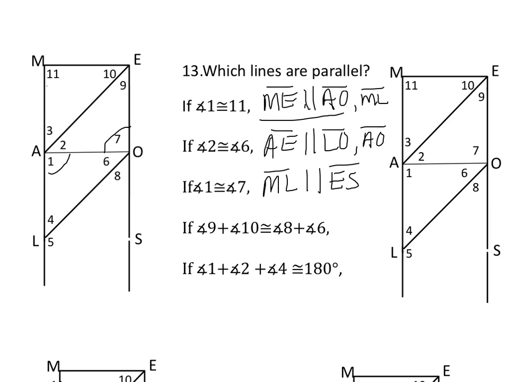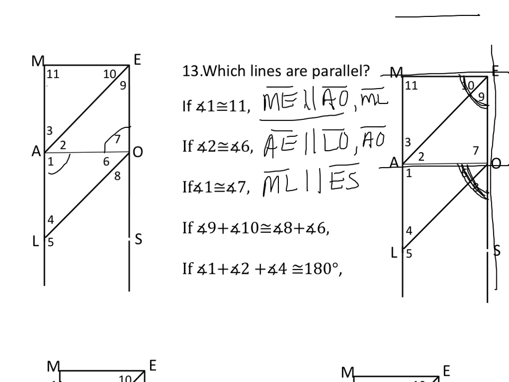Next one. Okay, I'm going to use the other diagram on the right here to solve the next one. It says if angle 9 plus 10 is equal to angle 8 plus 6, if those two angles are equal, which lines would be parallel given that information? Well, if I use this line, and I use ES as my transversal, what types of angles would those be?